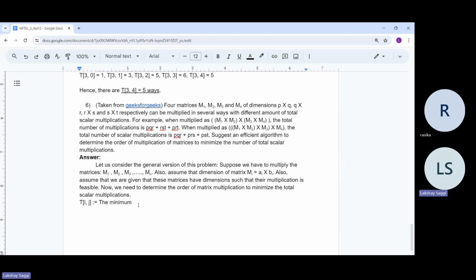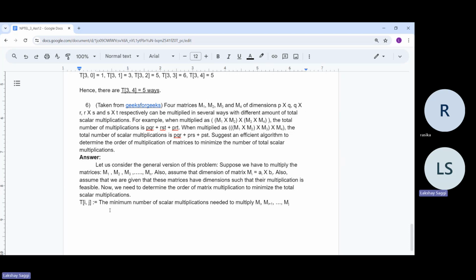So let Tij denote the minimum number of scalar multiplications needed to multiply Mi, Mi plus 1 till Mj.